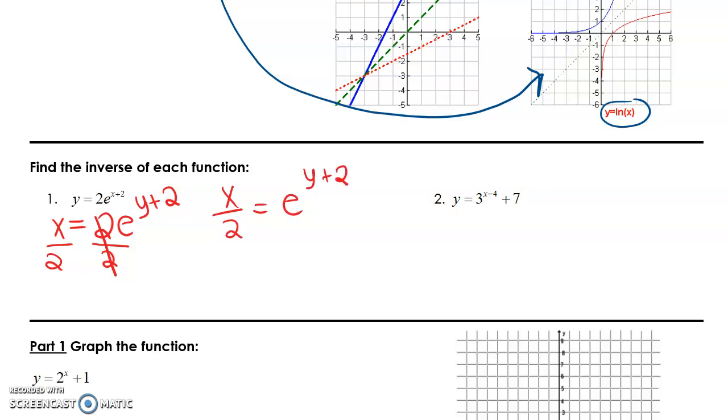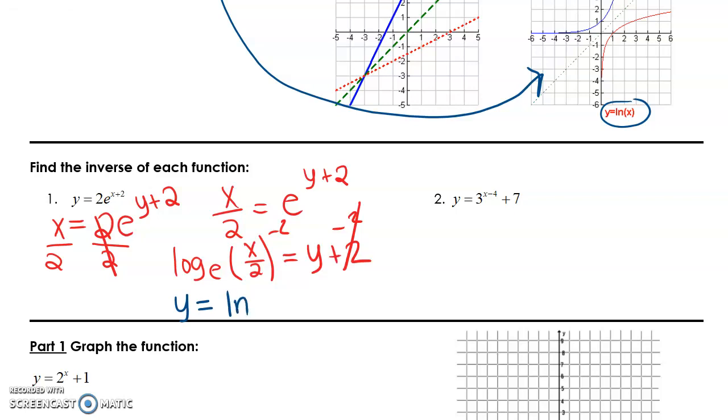Whenever we have an exponential, we want to convert it to a logarithm. So that's going to be log base e of x divided by 2 equals y plus 2. The final step is to subtract the 2 from both sides. And log base e is the same as ln. So I'm going to get that y equals ln of x divided by 2, minus 2.